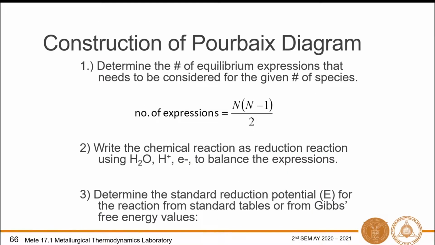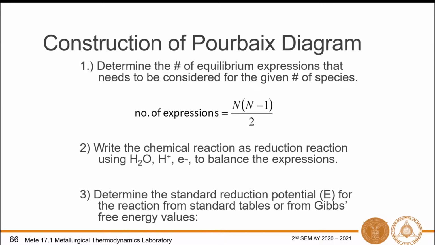In constructing a Pourbaix diagram, we follow these steps, which are much the same steps we took when we did the pressure diagram. The first is to determine the number of equilibrium expressions that need to be considered for the given number of species. We identify the number of species we want, and from there we derive the number of expressions, or couples, that we need to produce our diagram.